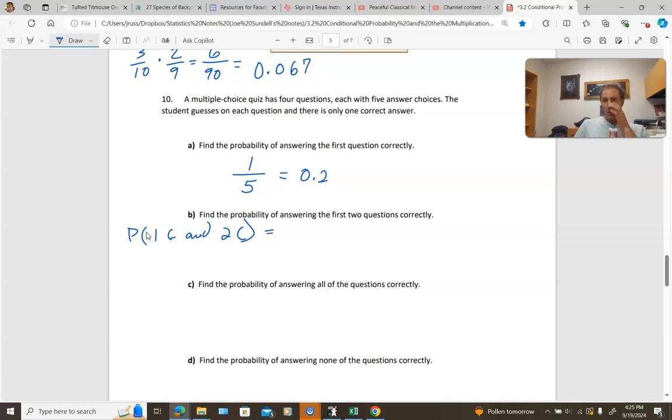Well, these are independent events. We're assuming they're independent events. I guess it's possible that one question could build on another, but that's not what they're wanting us to assume here, guys, by the nature of this question. So I'm going to put up here that we can look at the outcome of answering each of these questions as an independent event.